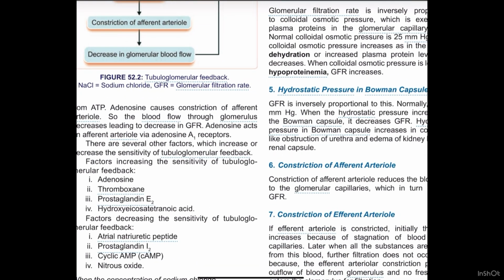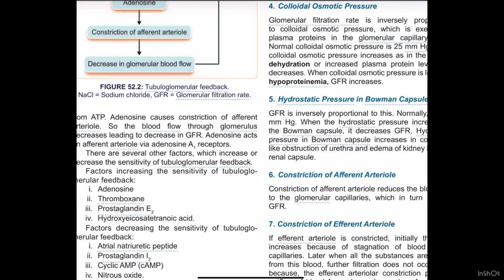From the ATP, adenosine is going to be produced, which is going to constrict this afferent arteriole. The afferent arteriole diameter is going to decrease. When the afferent arteriole diameter decreases, blood flow speeds up, meaning blood pressure increases, leading to a decrease in the GFR.